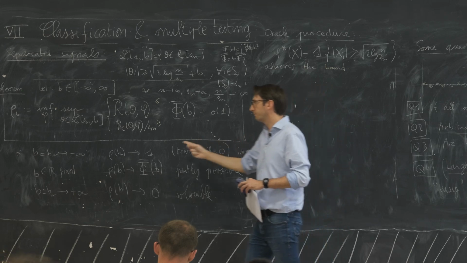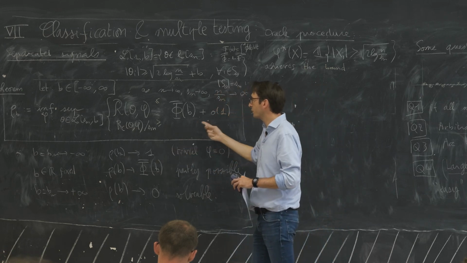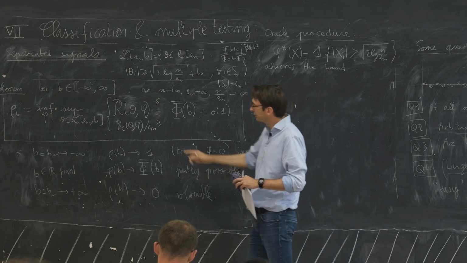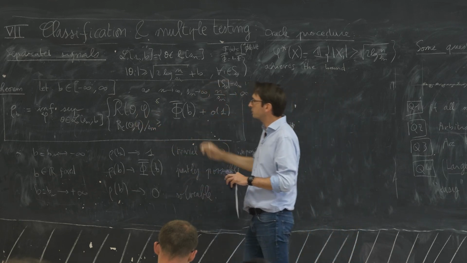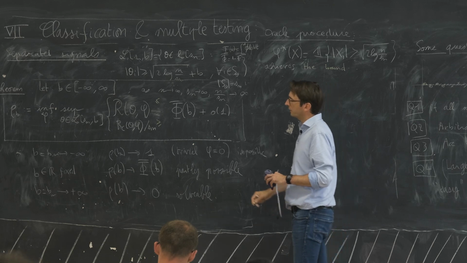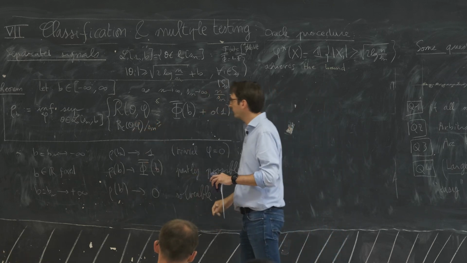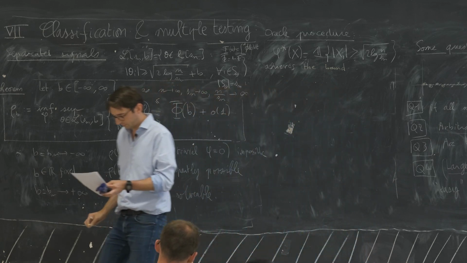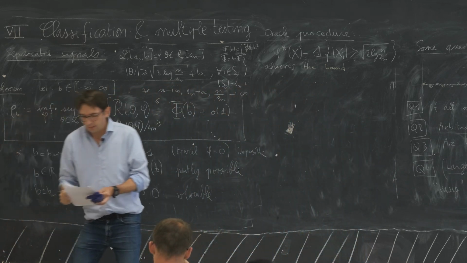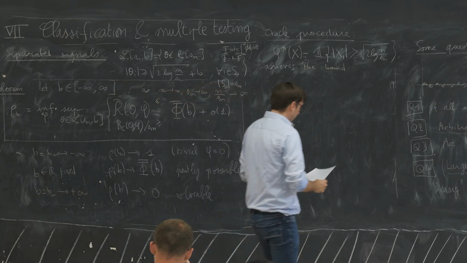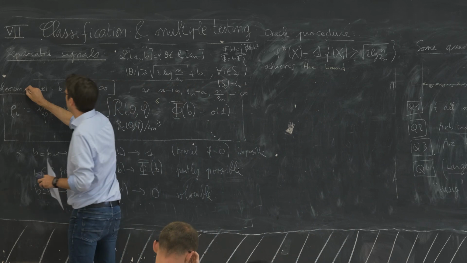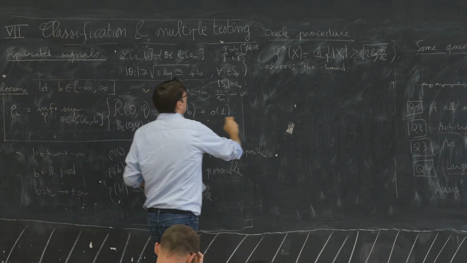But the slightly harder part here is to show the lower bound. In fact, it's harder for the multiple testing risk because we have this ratio of random variables. For the classification risk it is slightly more standard, but still there is a bit of work, and I hope to give you some ideas of the proof a bit later on, almost the full proof. Let's see. So that would be theorem 7.1.